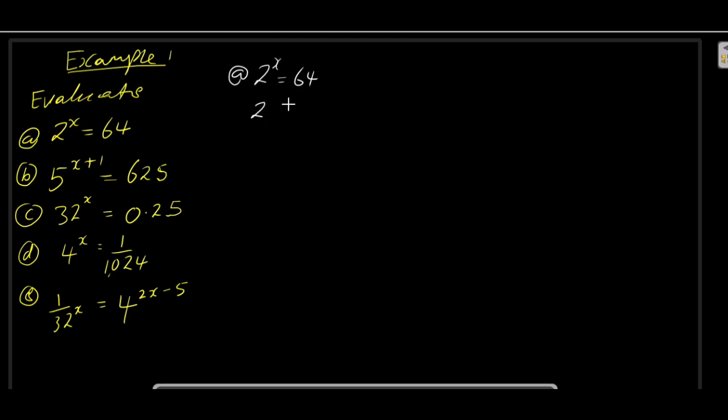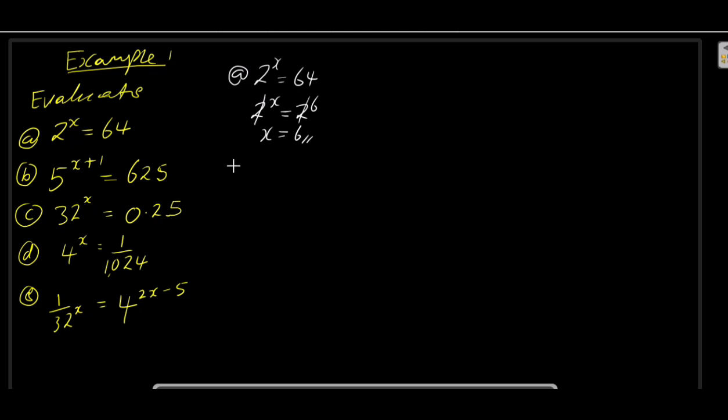Since the base here is 2, 2 raised to the power of what will give us 64? 2 raised to the power of 6 is going to give us 64. Now since the bases are the same, all we need to do is to cancel out the same base, and x will be equal to 6. That will be our answer for the first one.